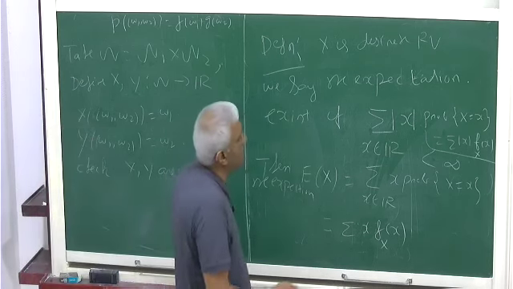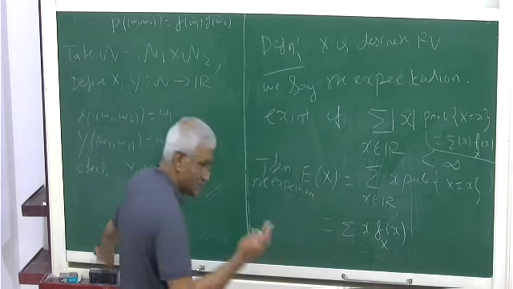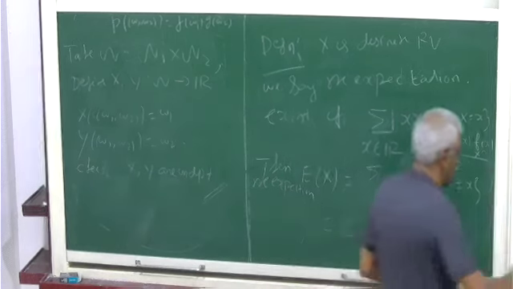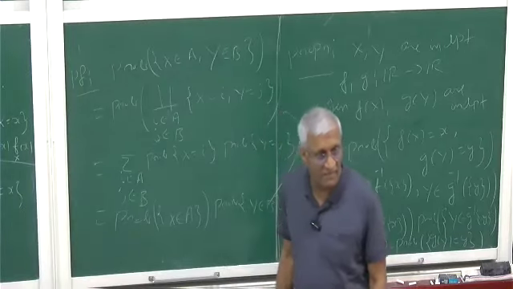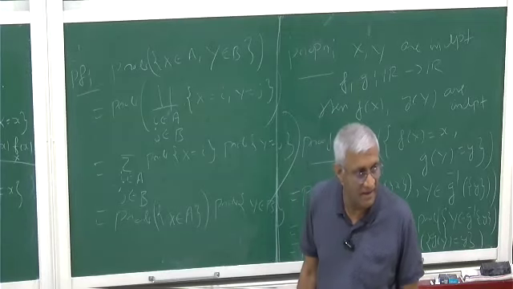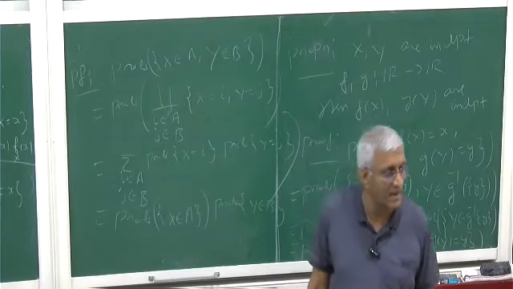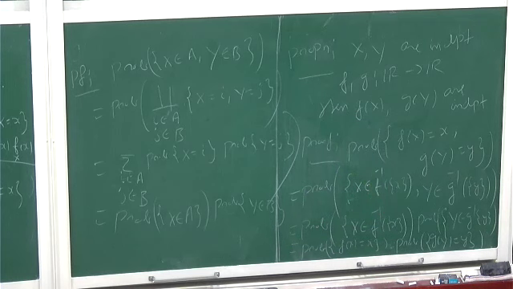So now I want to prove something, within just the next 2 minutes. You can arrange to get a convergent series. In that case, it doesn't exist. If it is infinite, expectation doesn't exist.